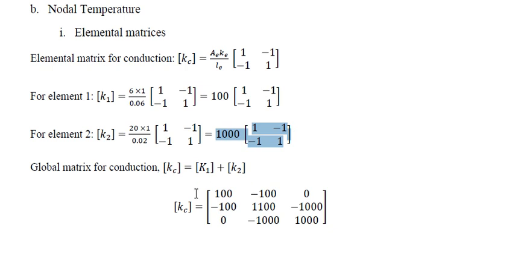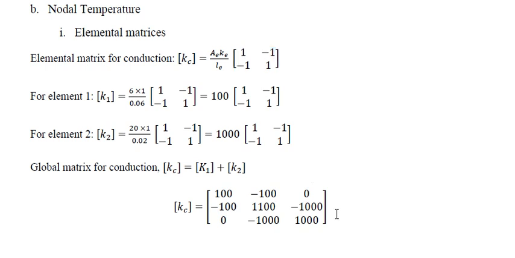That is why the global matrix will have the size 3. Per element degrees of freedom is 2, because each element has 2 nodes and at each node 1 degree of freedom. Therefore the element stiffness matrix size is 2 by 2.